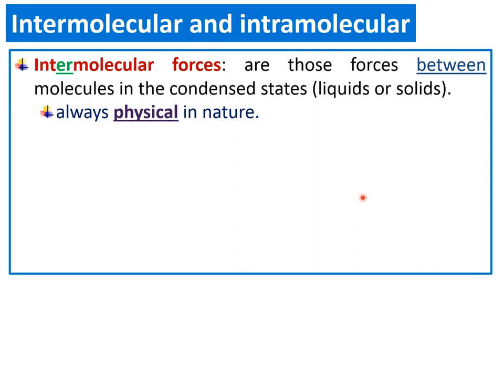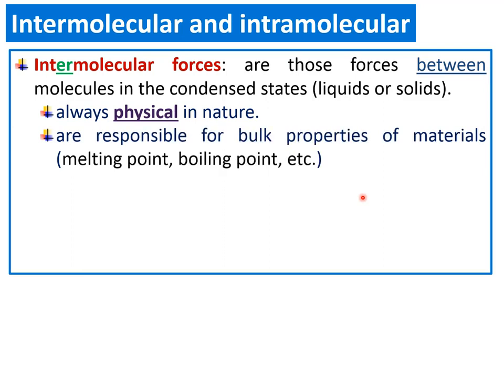Between gases particles, this is also intermolecular force. This is always physical in nature, is responsible for the bulk properties of material, like the melting point. If I asked you anything about the physical properties of the liquids, you should definitely connect this to the intermolecular forces between particles, not inside the particles, okay?